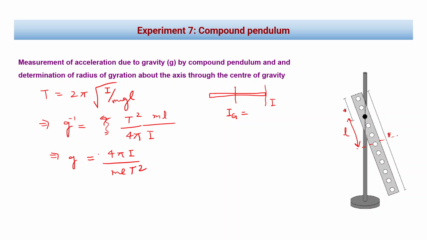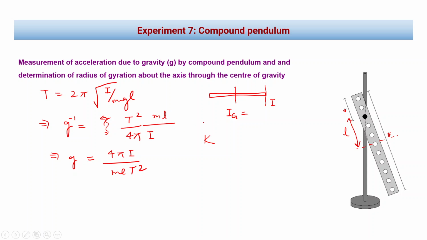So we'll be able to determine the value of small g using this compound pendulum experiment, as well as the radius of gyration about the axis through the center of gravity. So this is the experiment that was performed.